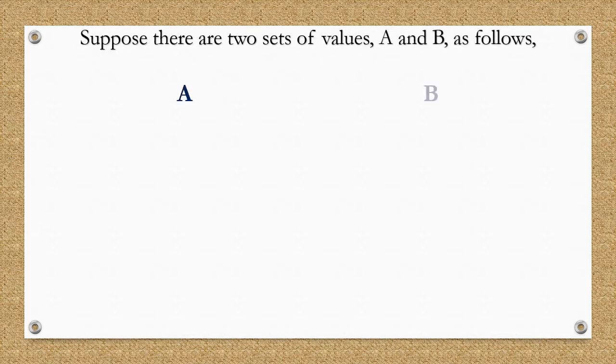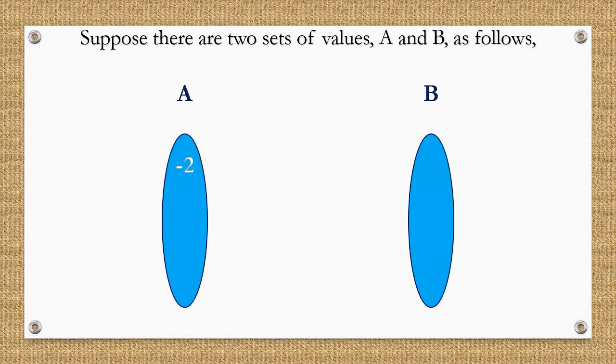At last, again I am going to suppose A and B sets of values as follows, where A depicts -2, -1, 1, 2, whereas B only depicts two values, 1 and 4. So now if I want to assume a relationship between A and B, what I can do here is square them.